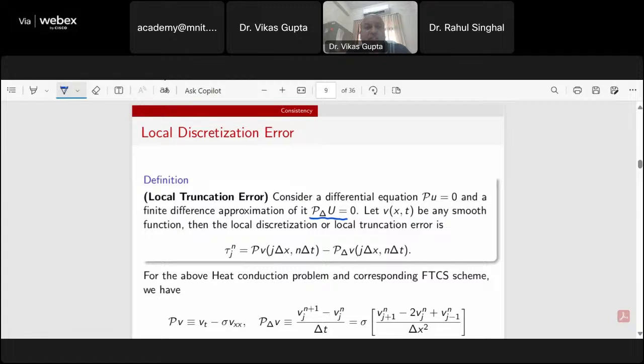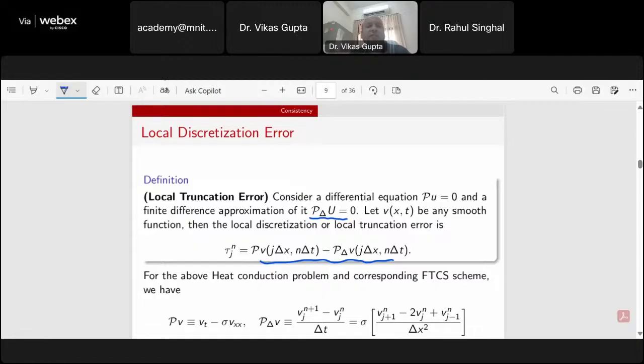If v is any smooth function, then the local discretization or local truncation error, denoted by tau j n, is defined by P v(j delta x, n delta t) minus P_delta v(j delta x, n delta t), where P is our given continuous differential operator, v is the smooth function evaluated at the xj, tn point, j delta x means the xj point, and n delta t means tn.